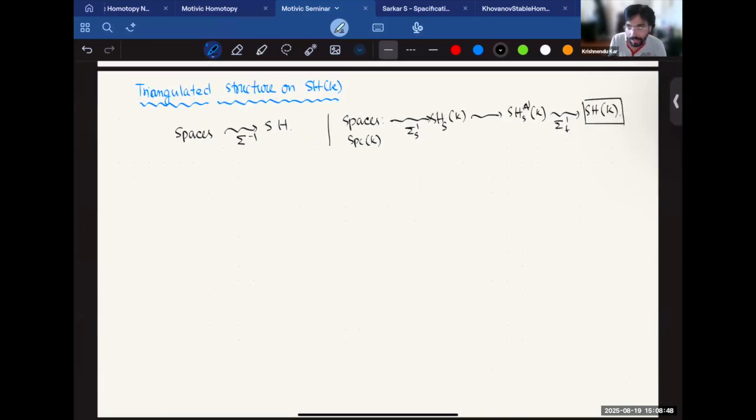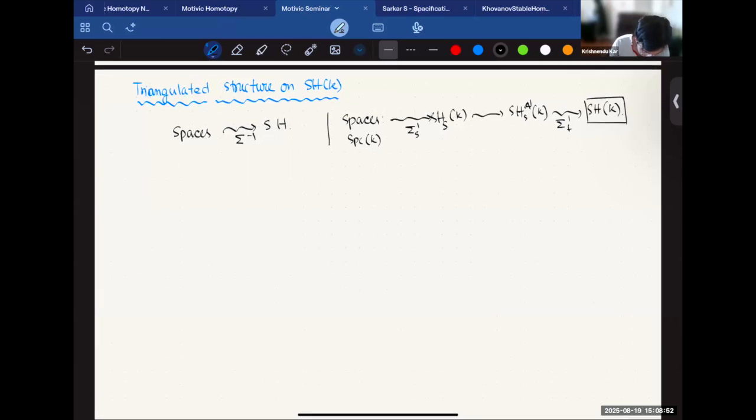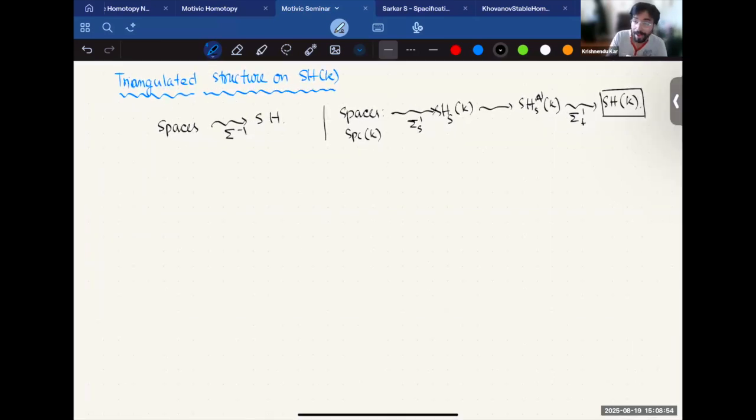And we are interested in this category SH(k). What you're trying to do is, as with actual spectra, maps into the spectra in this SH category represent cohomology theories. So if E is a spectrum, this represents a cohomology theory.